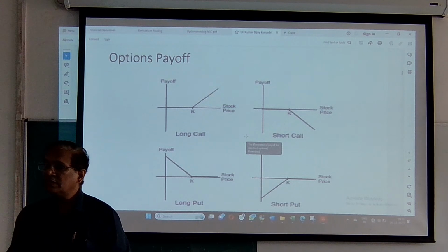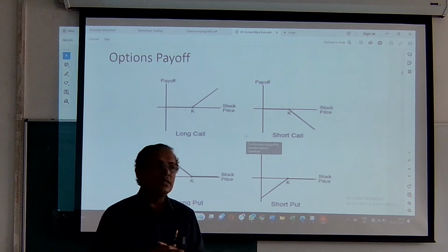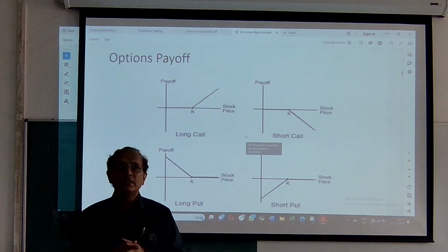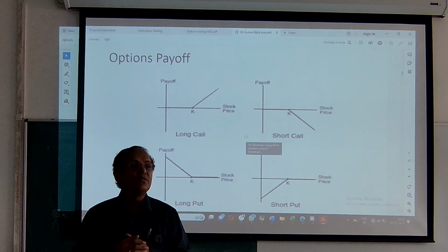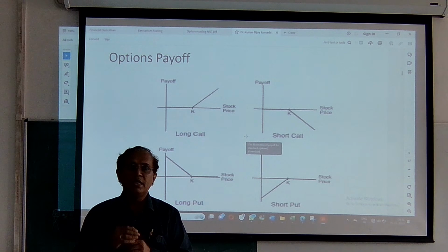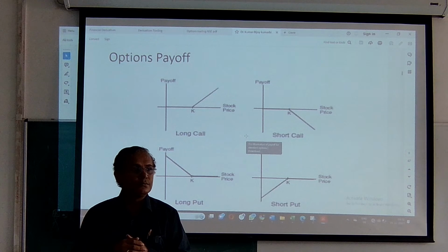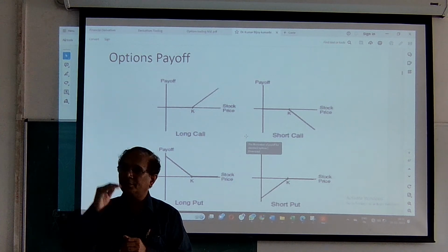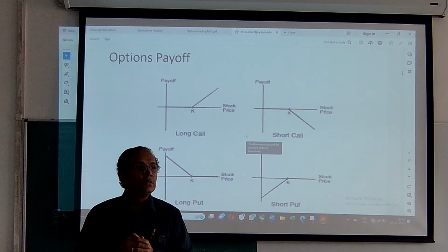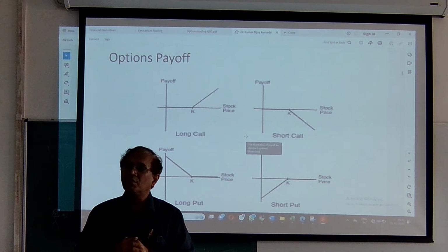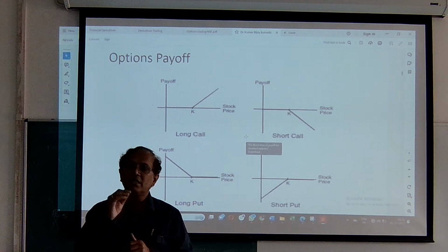So you want to protect yourself against this volatility, and you want to make sure that the price should be fixed today, fixed now for a future date. So if anything goes up, price goes up, you should be able to buy your USD or any underlying at that specified price.